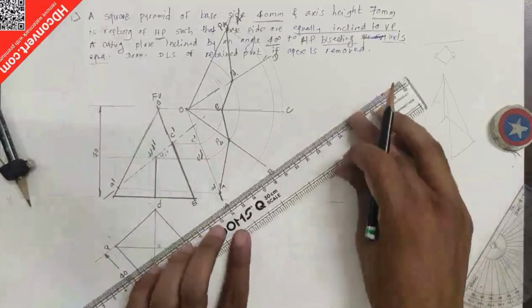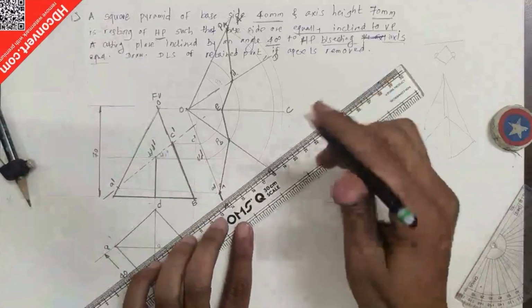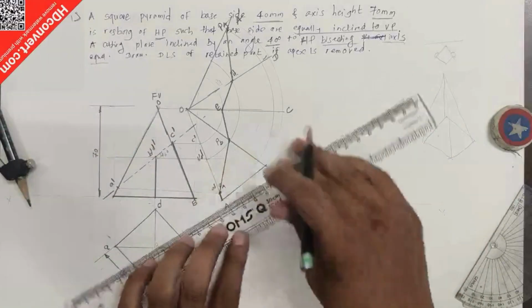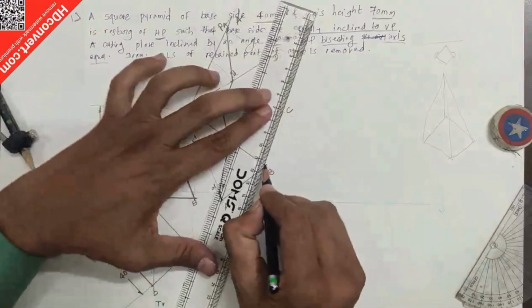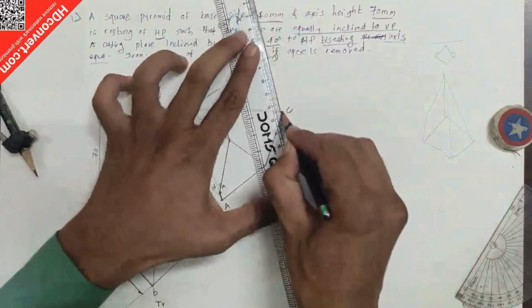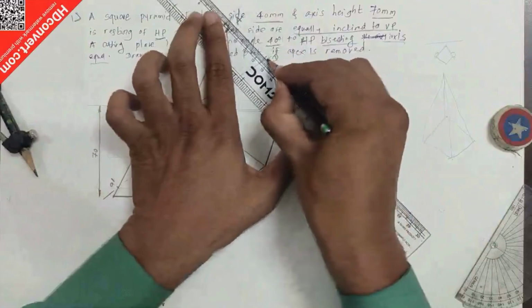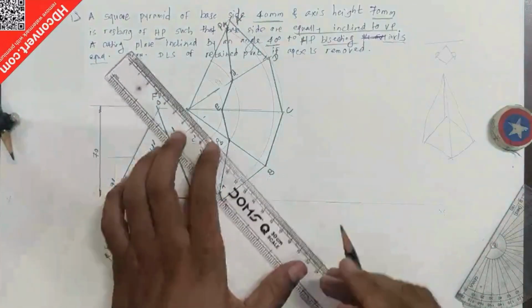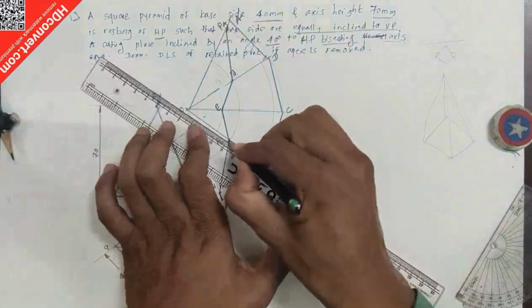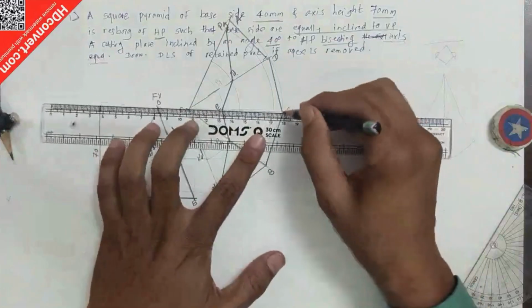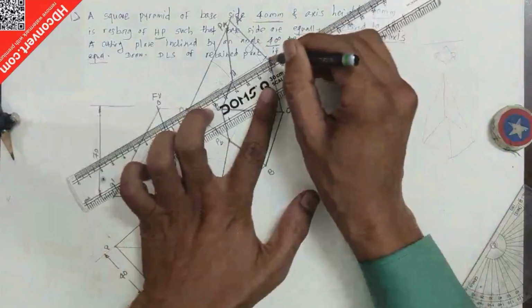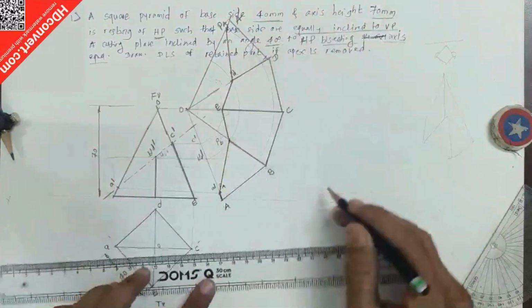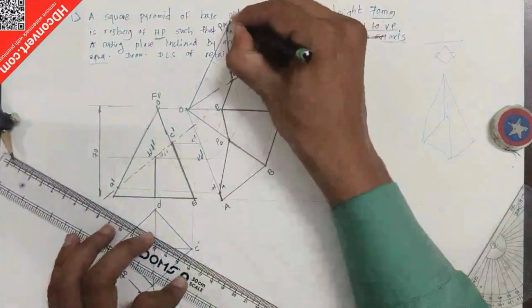So the base is like this. Join all the points: 1, 2, 3, and 4th. Also, these lines should be made dark, and this is also dark.